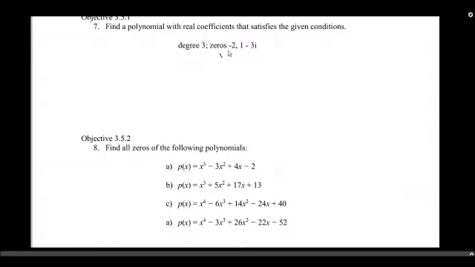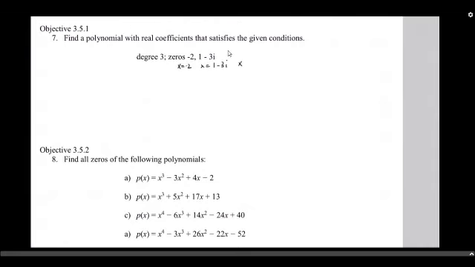So right now the zeros are x equals -2 and x equals 1 minus 3i. So if you remember in class we talked about these kind of zeros. Those are complex, non-real zeros. They always come in pairs. So the one that they didn't give us in the problem has got to be 1 plus 3i. So those are my three zeros.